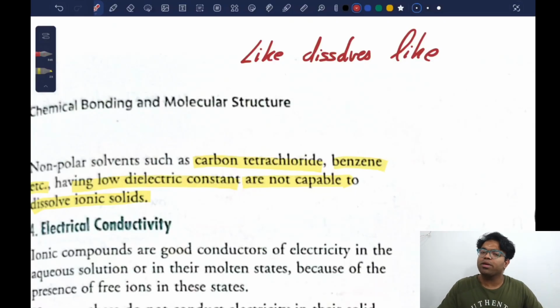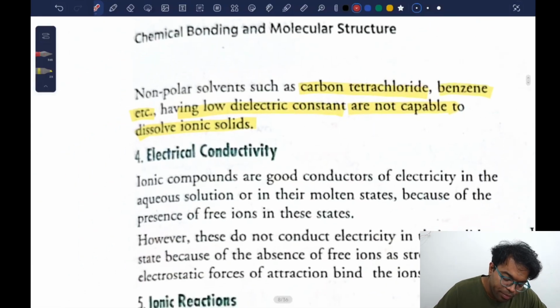Water, being a polar solvent, is able to dissolve sodium chloride, which is a polar molecule. Similarly, a non-polar solvent like carbon tetrachloride will easily be able to dissolve non-polar molecules.